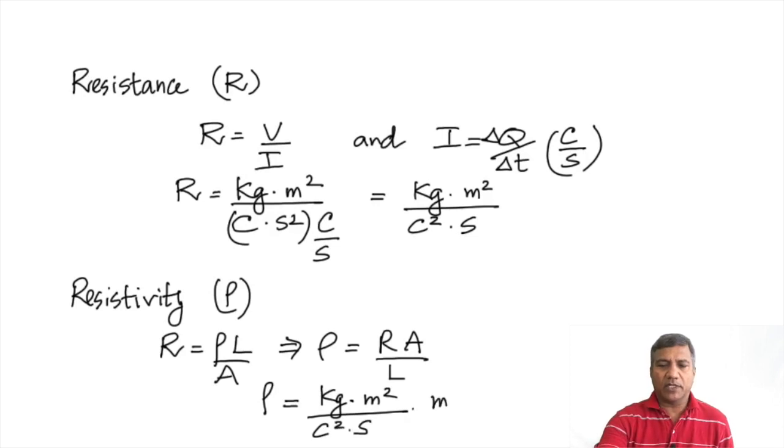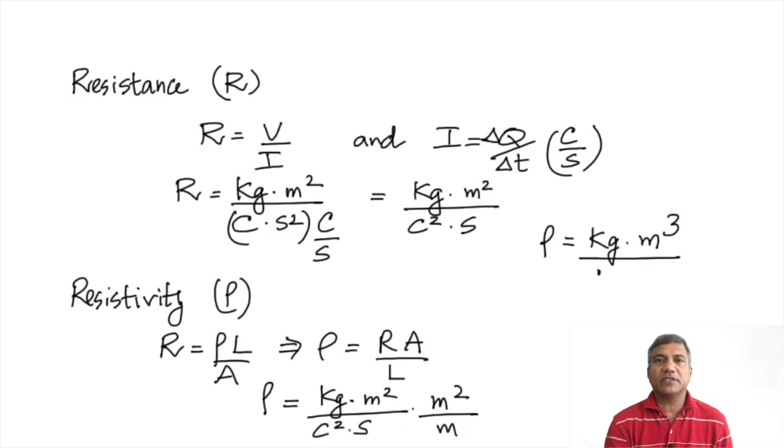We already have the unit of resistance, and then area is in meter squared, length is in meter. So now you get kilogram meter cubed by coulomb squared second. So there is no way of memorizing all those. They all come from their units and how you break down those units.